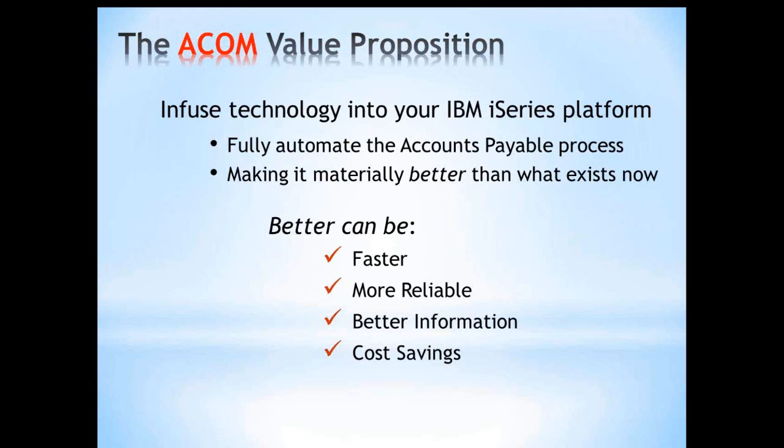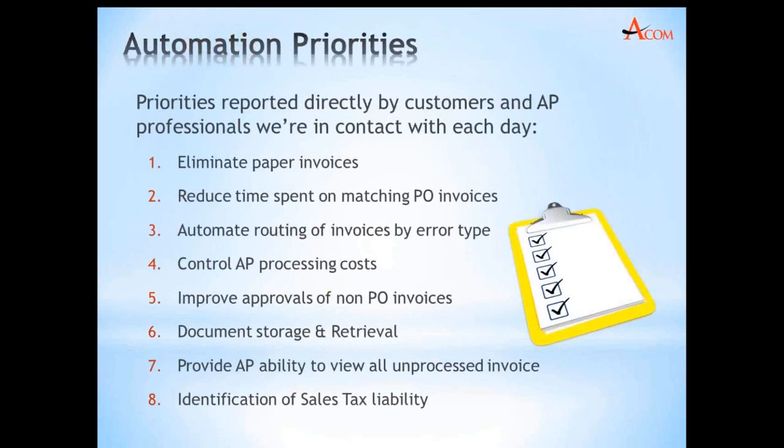What we came up with was one metric which is hard to dispute, and that is essentially how many invoices can be processed by one AP staff person before automation was implemented and after automation was implemented. So that really becomes a key metric.